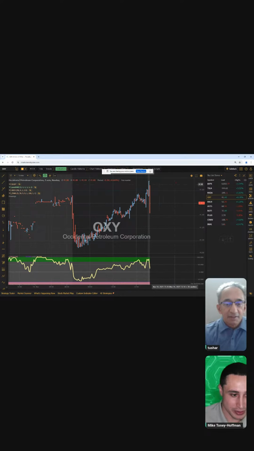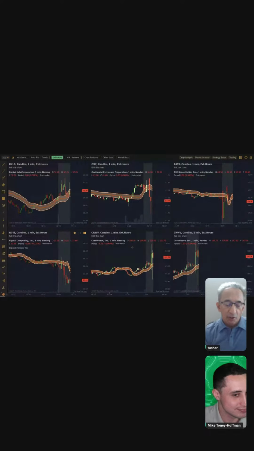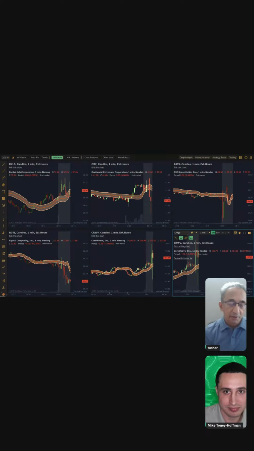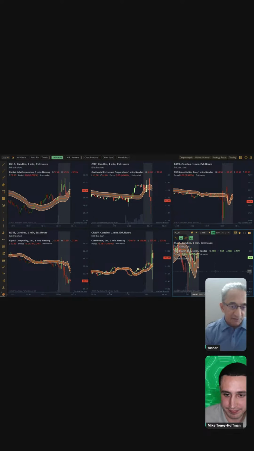So would you recommend for most retail traders to use the daily chart as opposed to day trading? Now you have to be very careful. When you talk of day trading, you're trading what's called information flow. For example, earnings is information flow, and information flow could help you or hurt you.